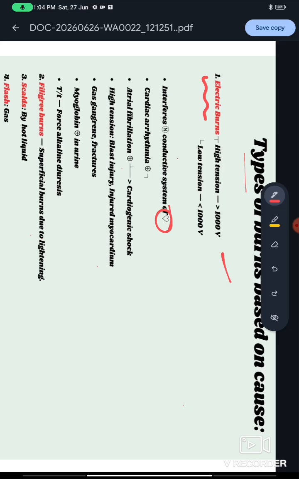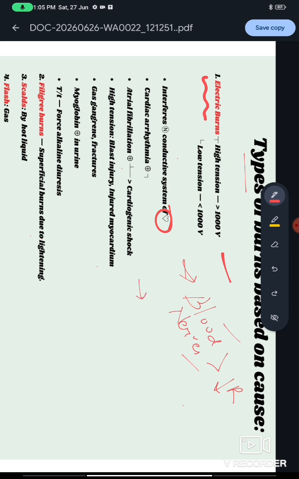Now another thing to be kept in mind is that blood and nerves offer least resistance to the flow of current. Means the current has high affinity towards the blood vessels, the nerves and the lymphatics.